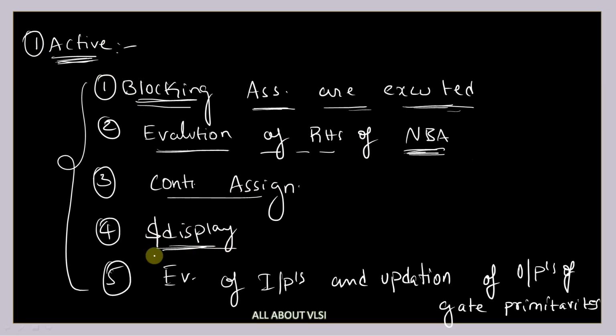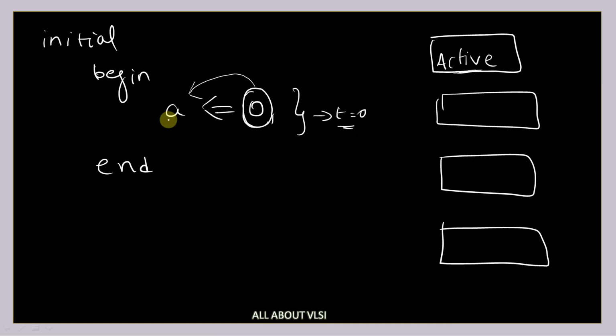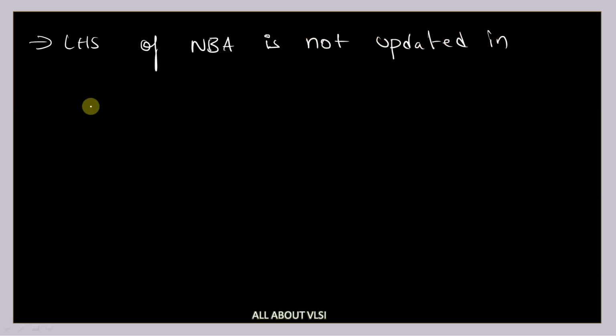That means the LHS value is not updated in my active region. I will write down here: LHS of NBA non-blocking assignment is not updated in active region.